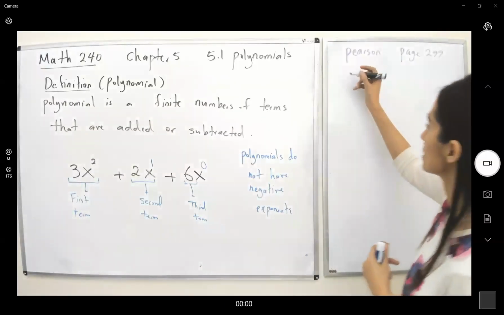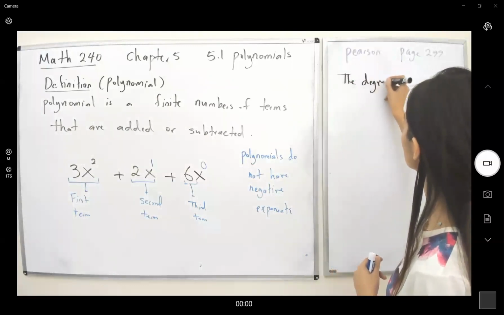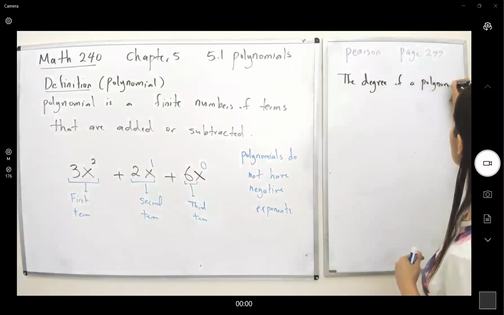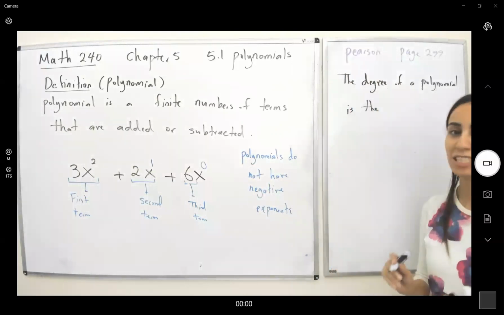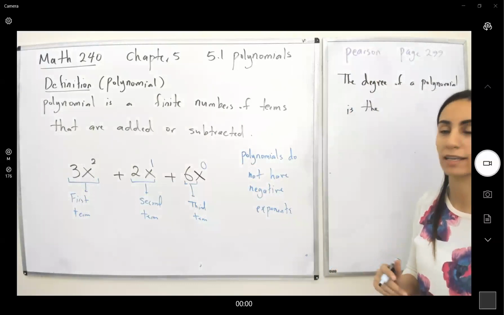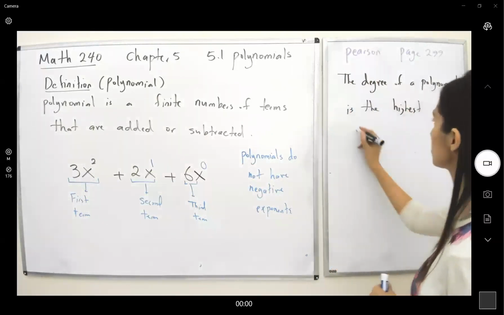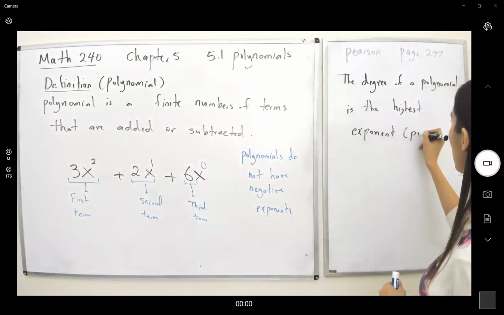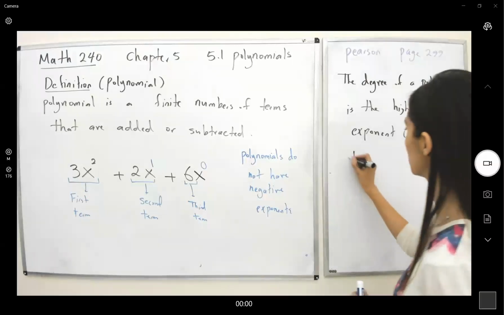So we can say that the degree of a polynomial is the highest exponent, or power, in the polynomial.